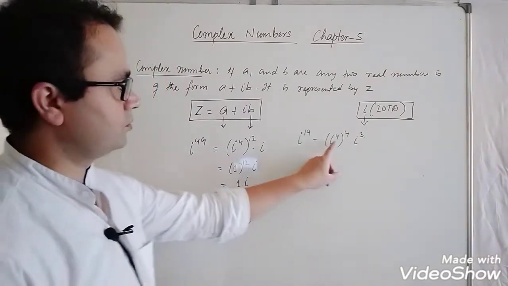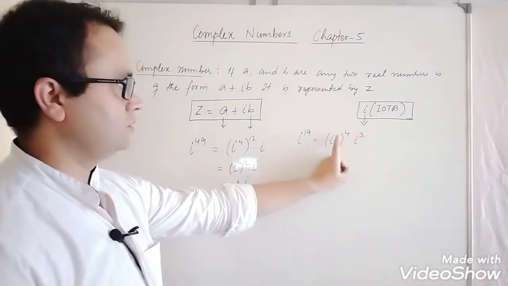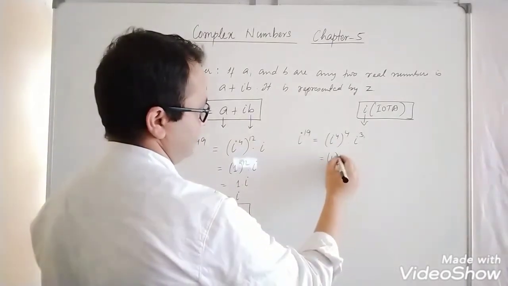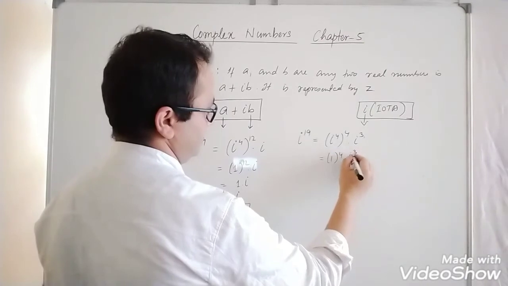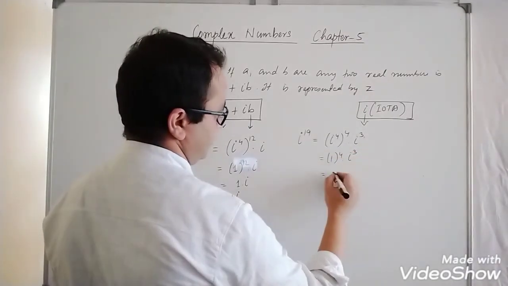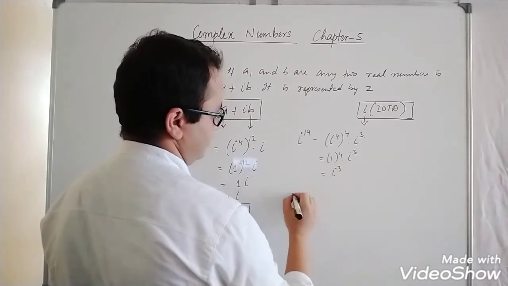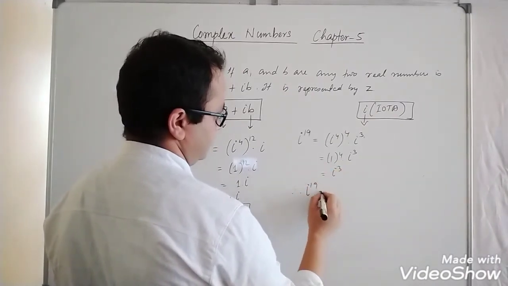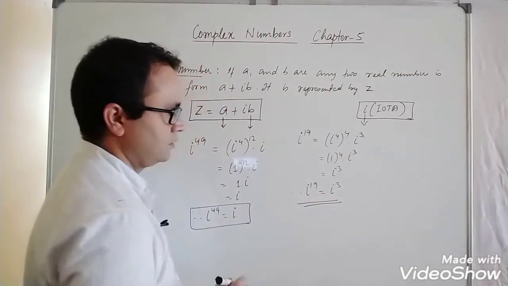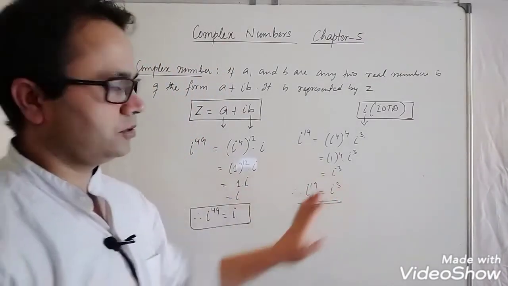This equals 4 into 4 is 16, plus 3 is 19. So i to the power 4 is 1, 1 to the power 4 into i to the power 3, which is i cube. Therefore i to the power 19 equals i to the power 3.